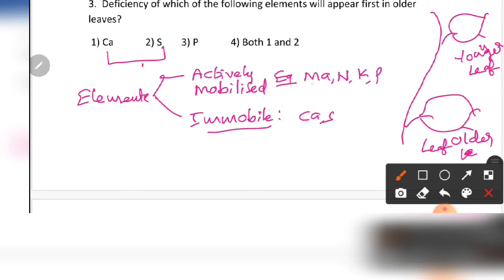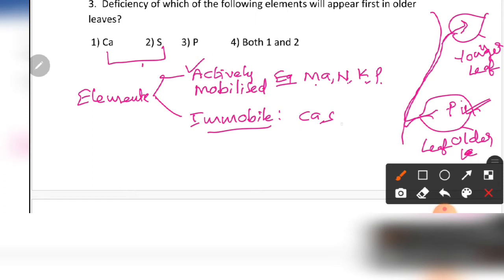Whenever magnesium, nitrogen, potassium and phosphorus, for example phosphorus, is in the older leaf, and the younger leaf requires phosphorus, then since phosphorus is actively mobilized, it immediately breaks down from the older leaf and is transported to the younger leaf. So the old leaf gets affected first and shows the symptoms of phosphorus deficiency. In this case, first symptoms appear in the old leaf.